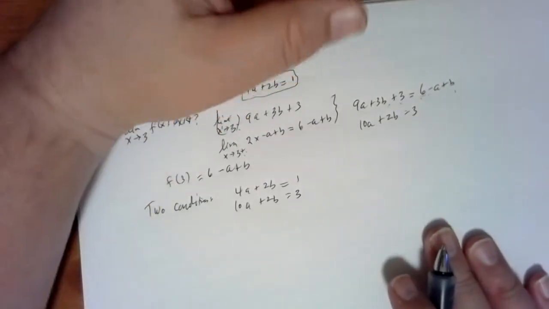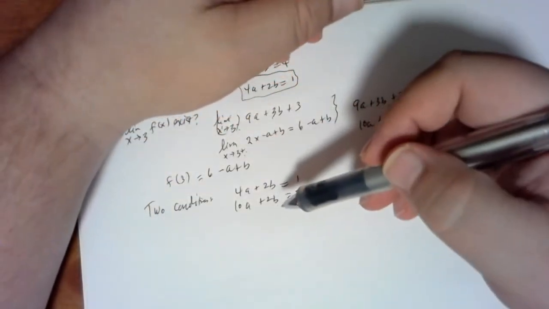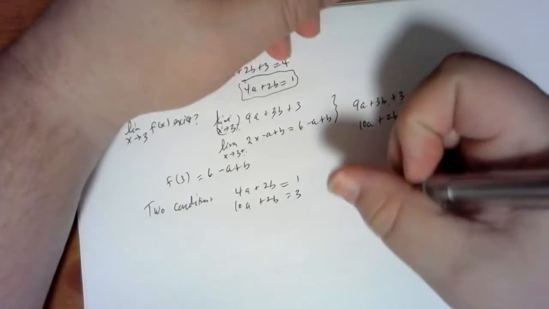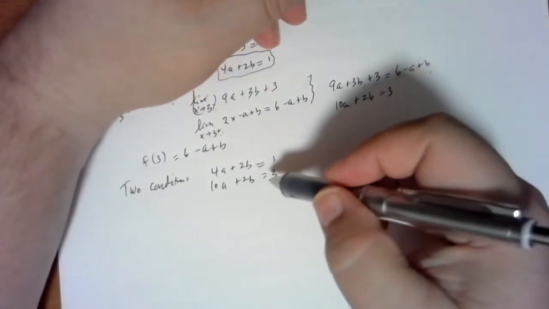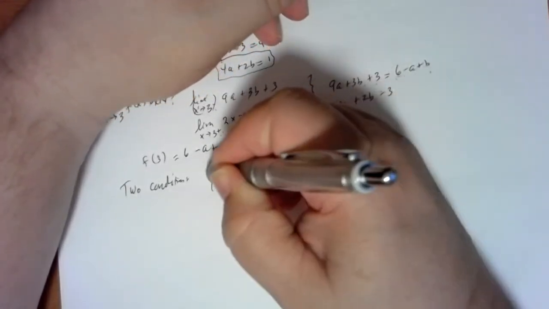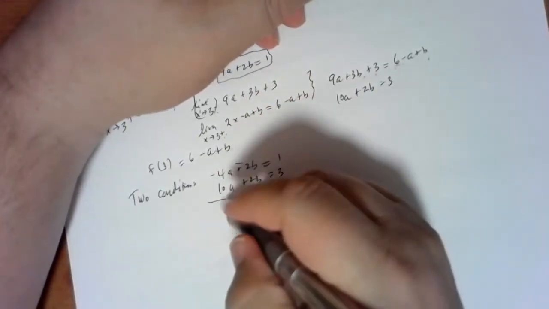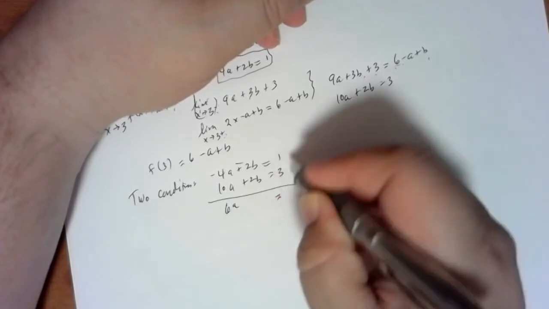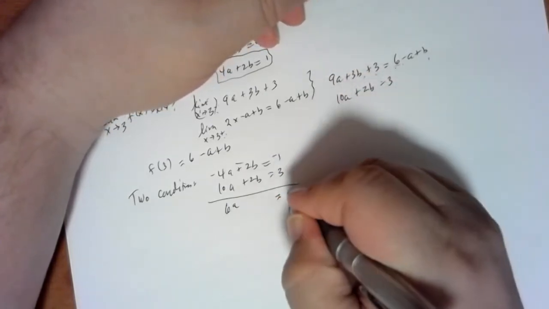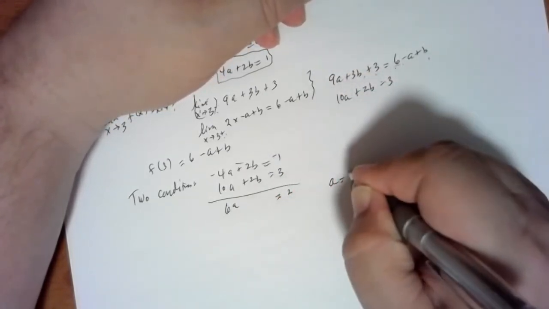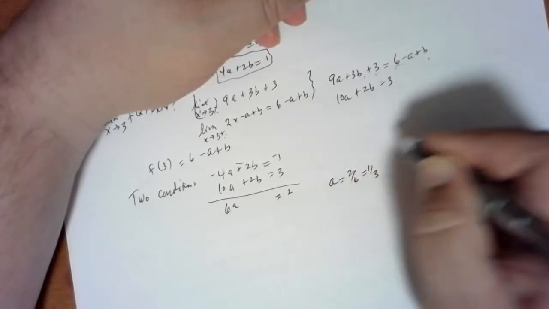Well, one way to solve these is to do elimination. Oh boy, we're running out of time. Let's see if I can finish this quick as a bunny. I'm going to subtract the first equation from the second to get rid of the b's. And so that would be 6a is equal to 3 minus 1 is 2. So therefore a is 2/6 or 1/3.